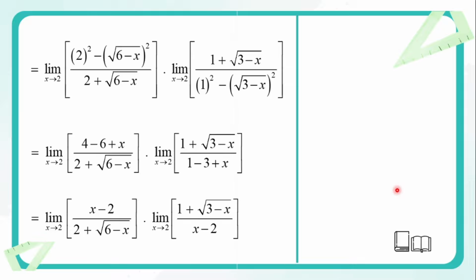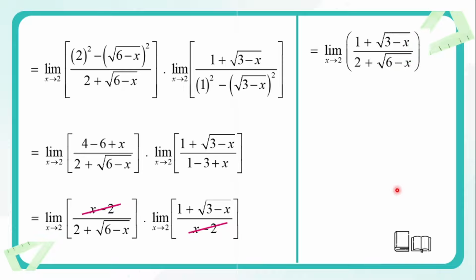Here we notice that we have x − 2 on the top and also on the bottom. So we can cancel x − 2 and x − 2 and just leave the limit of (1 + √(3 − x)) over (2 + √(6 − x)) as x approaches 2.